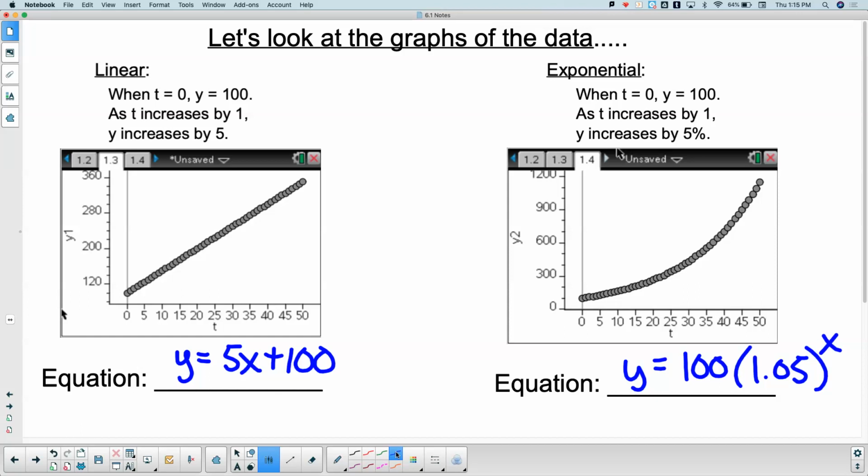An exponential function has the independent variable in the exponent. That's the huge difference between these two. Numbers are numbers. The independent variable is in the exponent.